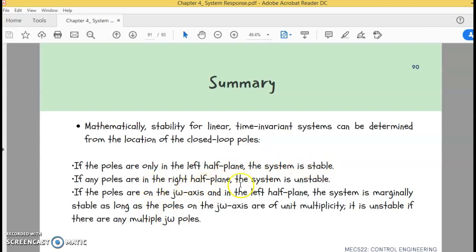Pole in the right half plane is unstable. Okay, if the poles are on the j omega axis and in the left half plane, so this one is marginally stable, as long as the poles on the j omega axis are of unit multiplicity. Okay, it is unstable if there are any multiple j omega poles.